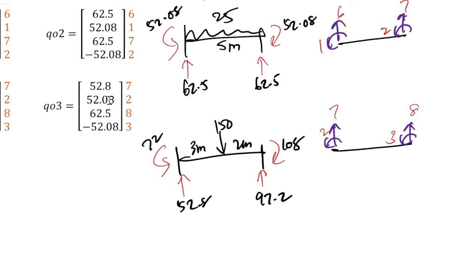Position number 2 is moment, which is 72. Position number 8 is 97.2. And position number 3 is negative 108.